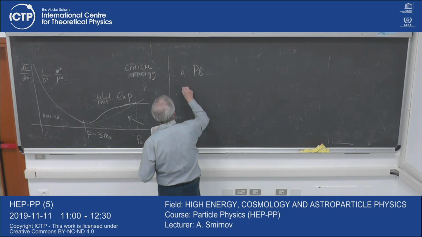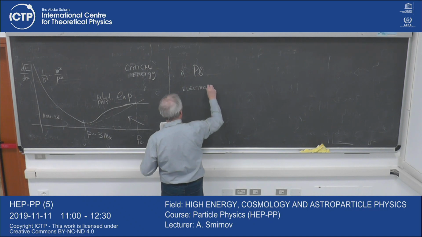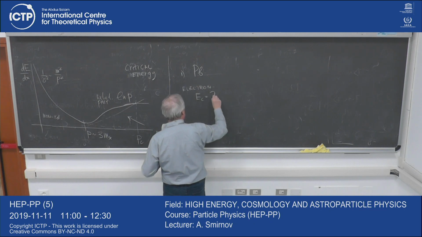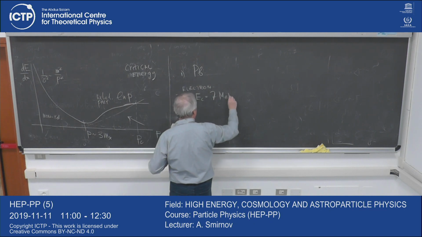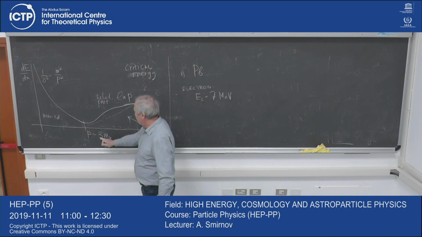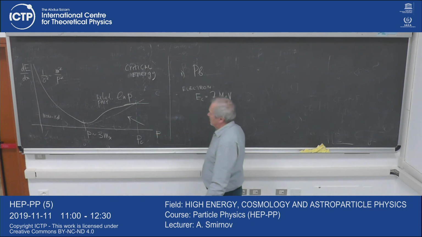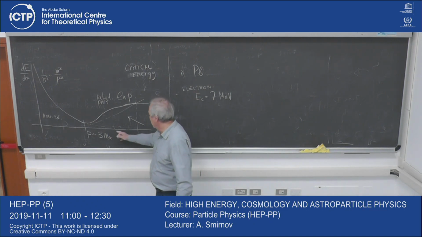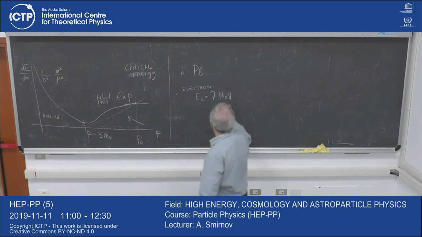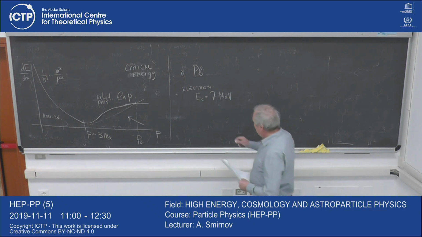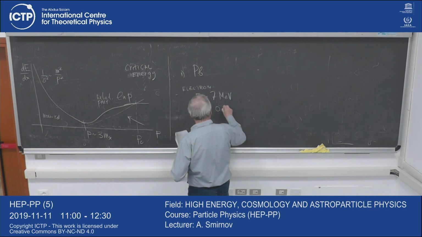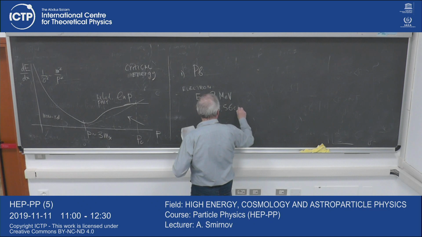In lead, for electron, the critical energy is 7 MeV. So you see it's about 3 electron masses, which is 1.5 MeV, and the critical energy is somewhere here, 7 MeV. The radiation length for electron in lead is 0.56 centimeters.